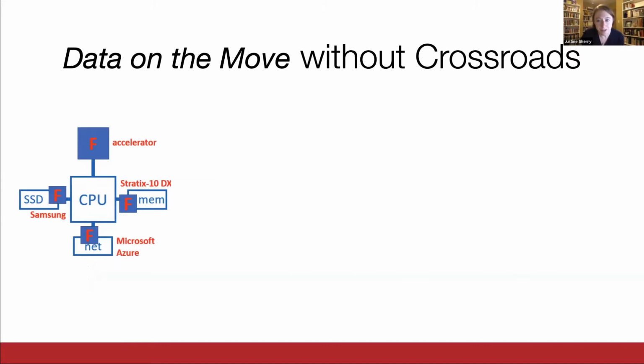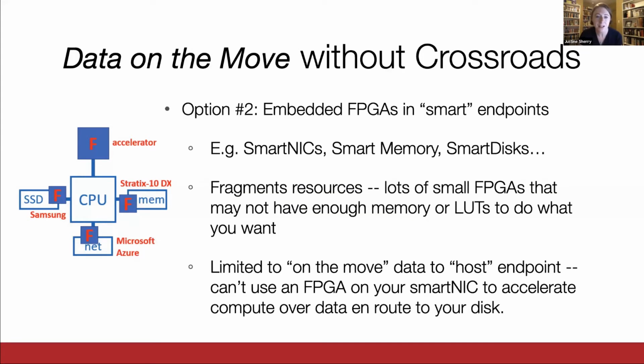Another trend we're seeing today to better support data on the move, that once again, I think is a very incremental step, is to use FPGAs to implement some of these data on the move applications in smart endpoints. So what does that look like? That looks like we have smart disks, smart NICs, smart memory.